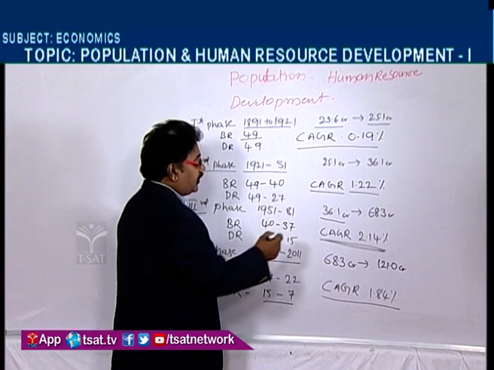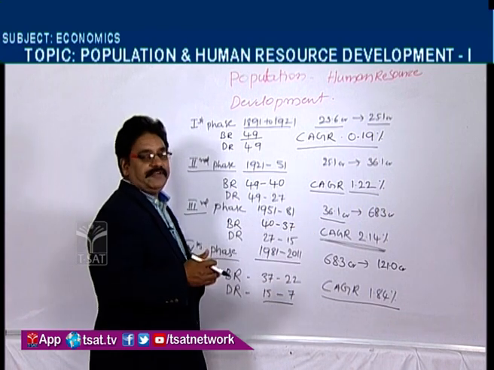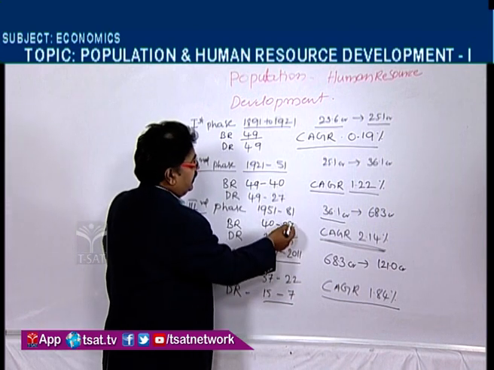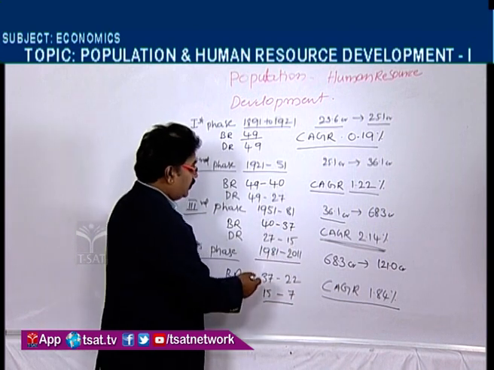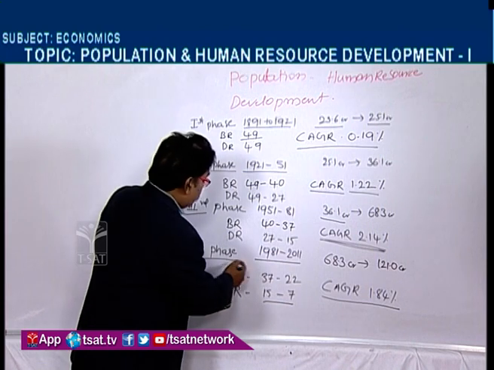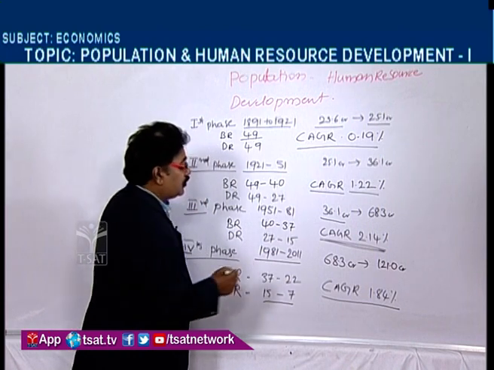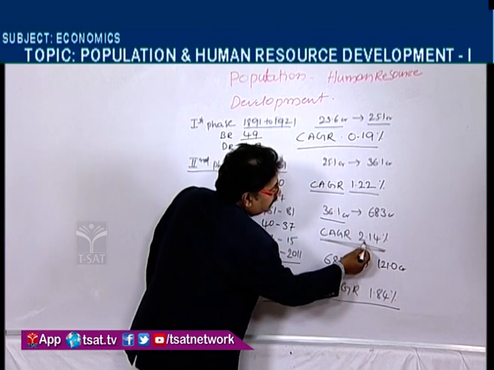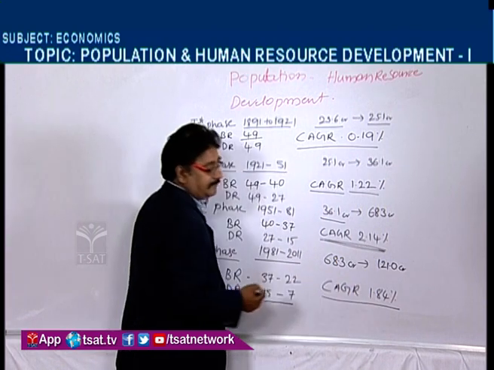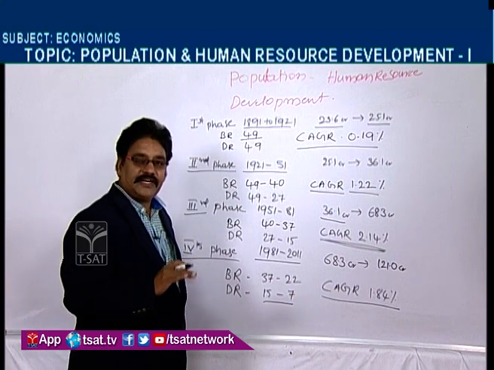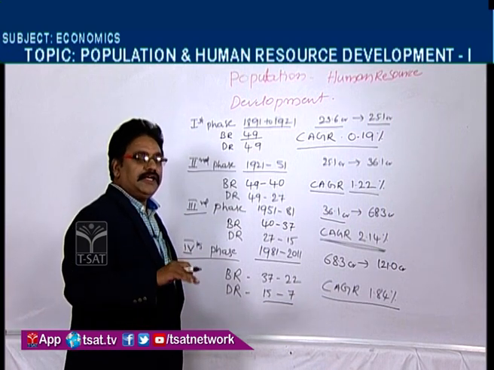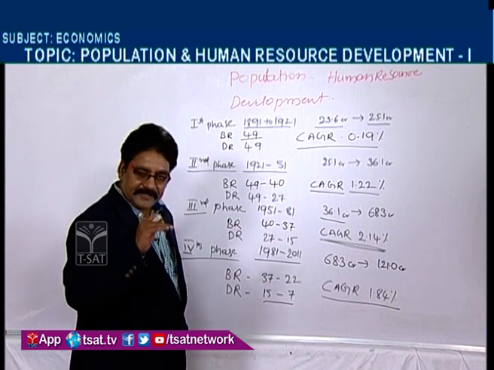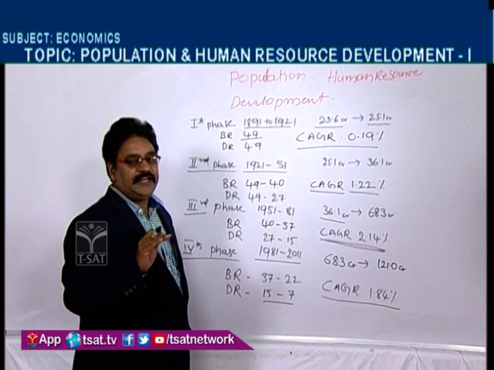India entered the second phase of demographic transition during 1921 to 1981, and from 1981 to 2011, the compound annual growth rate is declining. That means the increasing rate has decreased; the population increasing rate has slowly declined.